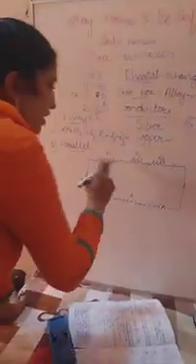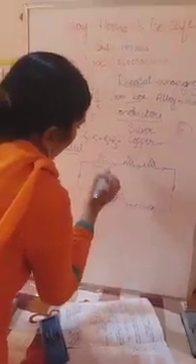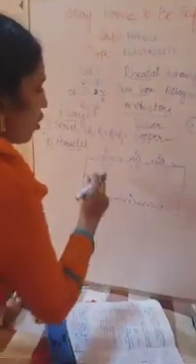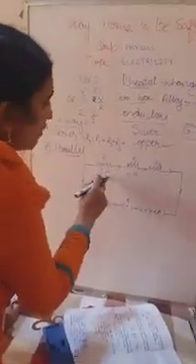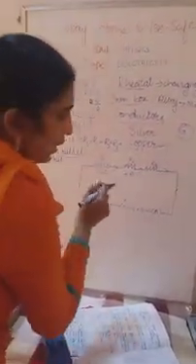Let us check how much resistance this circuit has. If R1 is 8 ohm, R2 is 4 ohm. Yesterday I told you, ohm is the SI unit of resistance. Resistance is measured by the unit ohm.